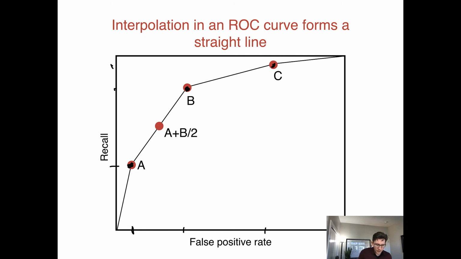Now, there might be some other algorithm that has this as its set A. So the question is, which algorithm is better, or how do I choose among these methods?